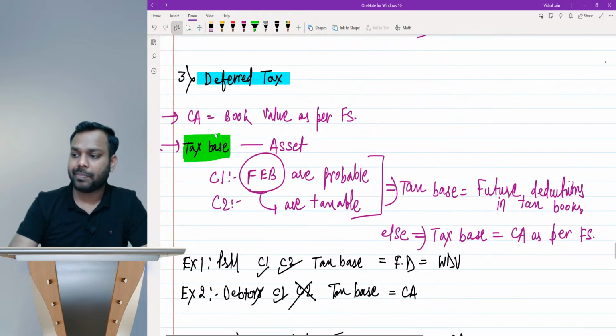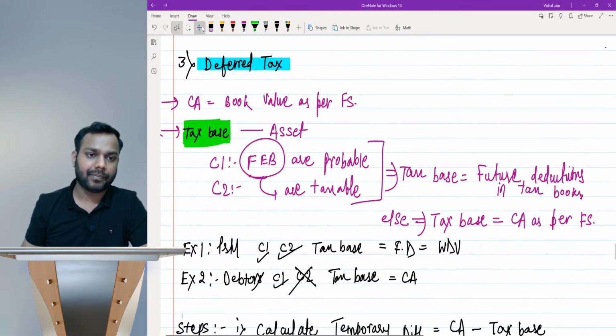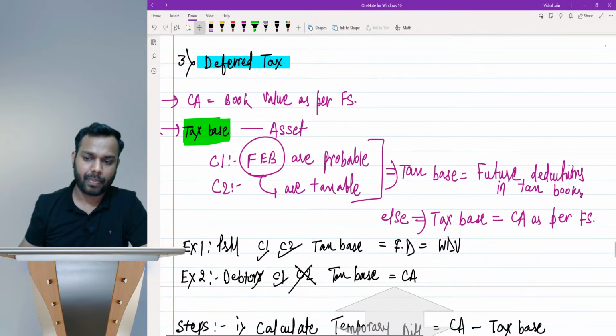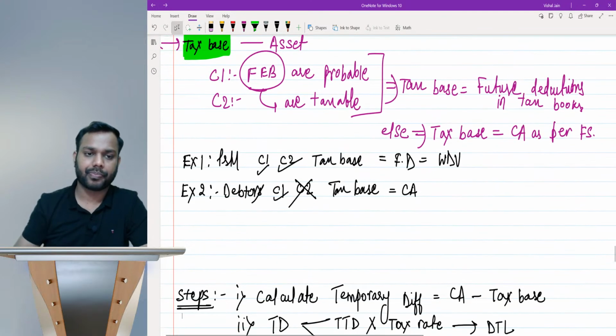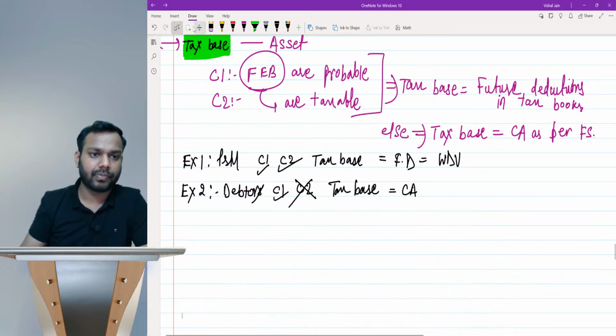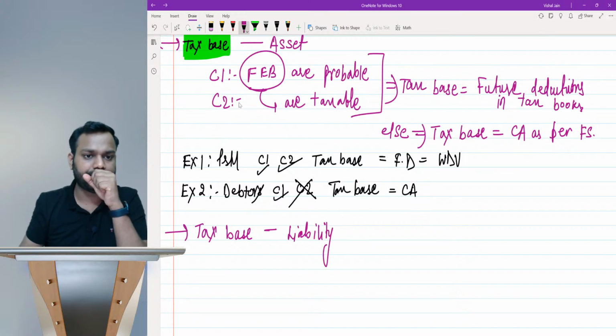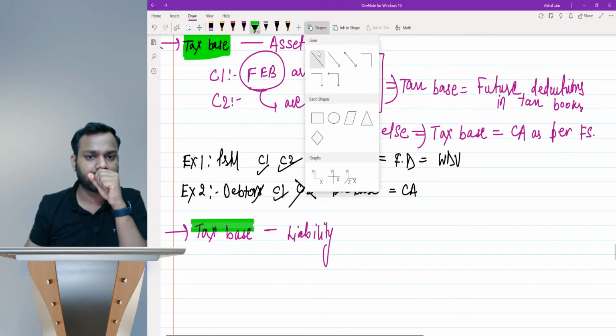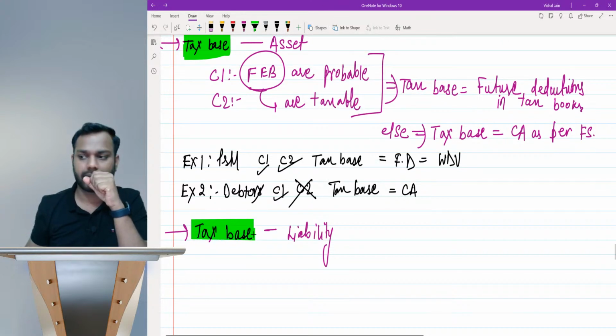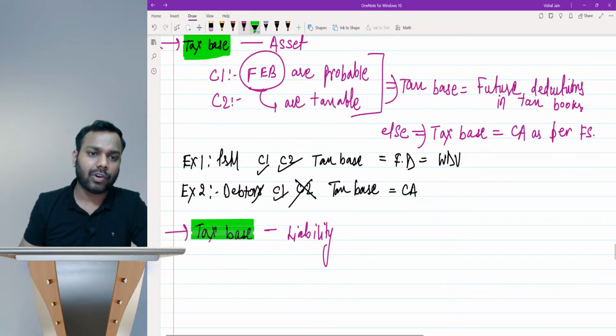Now, let's understand the tax base of a liability. The tax base of a liability is very simple.